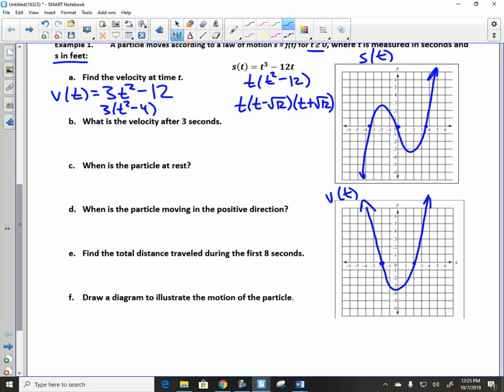True or false? The velocity of the function at time 1 is positive. False. Why? Because the slope is negative. True or false? The velocity of the function at time 1 is negative.